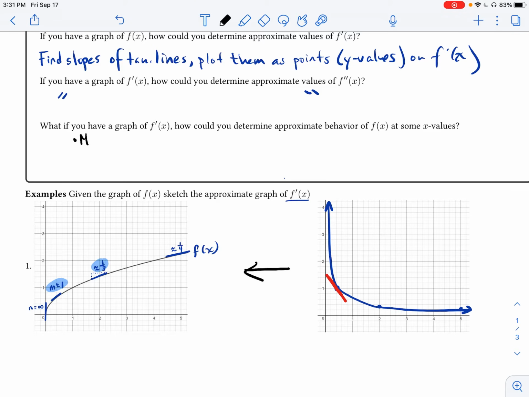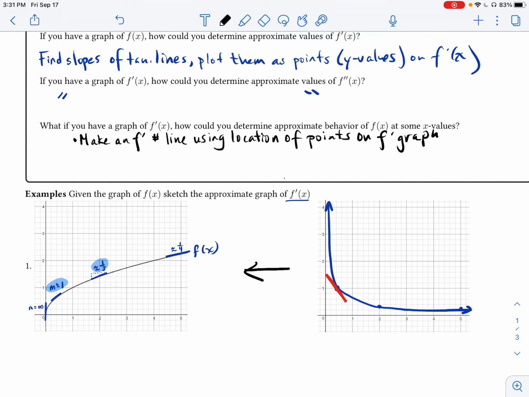The first thing that I recommend doing is making an f prime number line, or a number line for our derivative, using the location of points on the f prime graph.